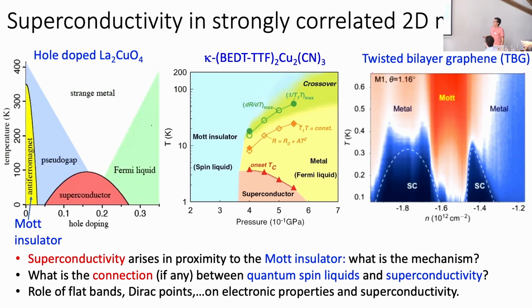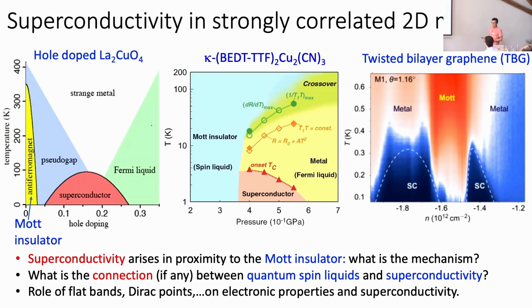A common aspect of many of these systems is that the physics of the Mott insulator is present, and all these systems have different constituents, and so one of the questions is, what is the role of the Mott insulating phase and the mechanism underlying the superconductivity?